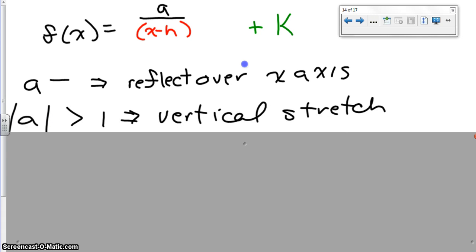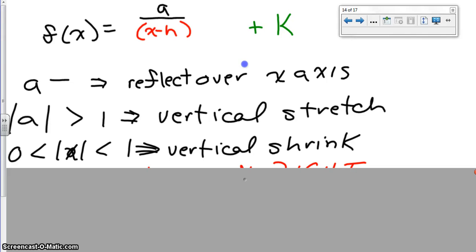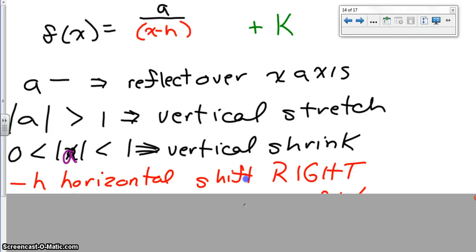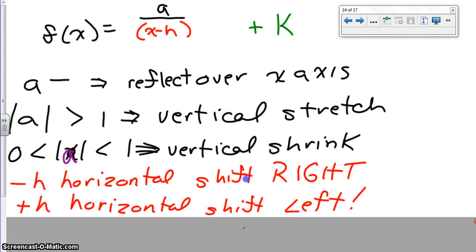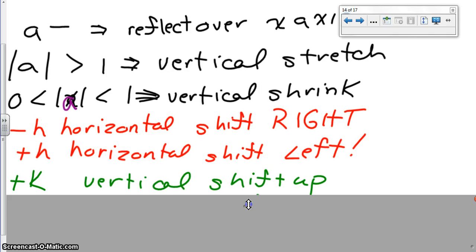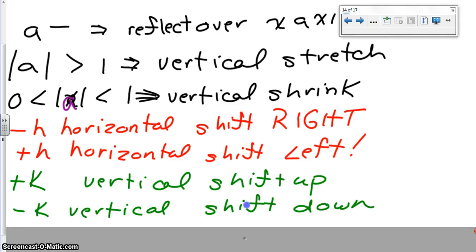A greater than 1, vertical stretch. A between 0 and 1, vertical shrink. Negative H, horizontal shift right. Positive H, horizontal shift left. Positive K, vertical shift up. Negative K, vertical shift down.